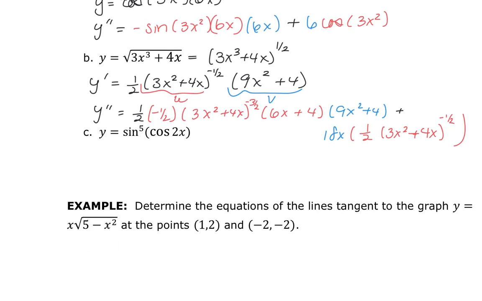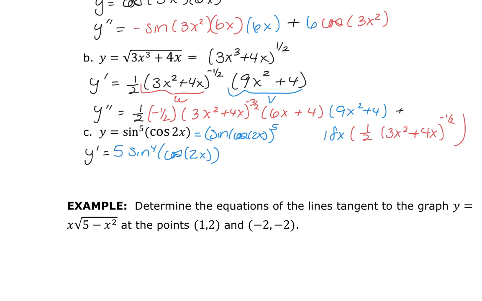Okay, let's take a look at C. Again, my outer function, I'm going to rewrite this as the sine of the cosine of 2x raised to the 5th power. Y prime, my outer function is the 5th power, so this is going to be 5 times the sine of the cosine of 2x to the 4th.